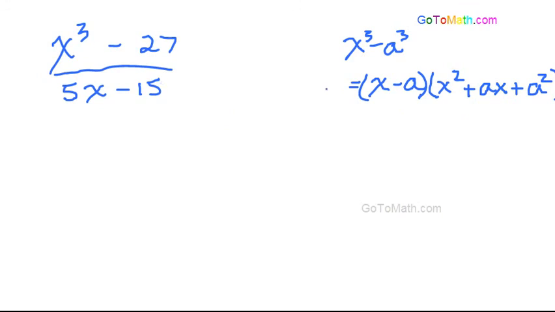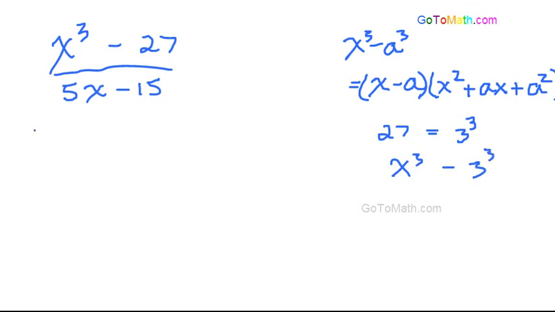Now in this particular one here we got 27, and that's equal to 3 cubed, right? So let's write it like this. This ends up being x minus 3 cubed.